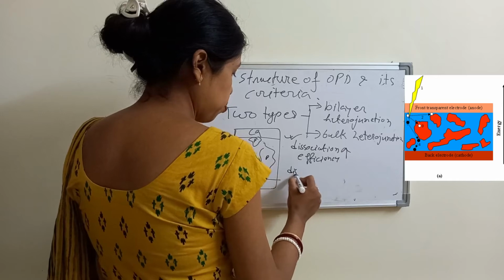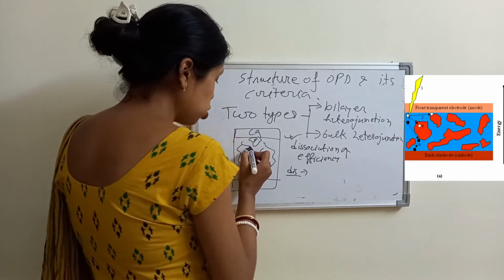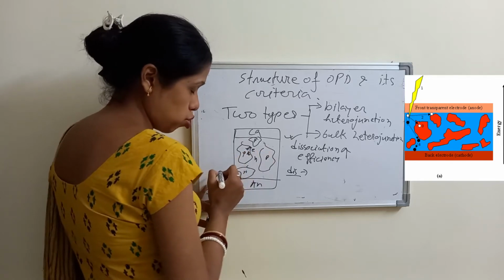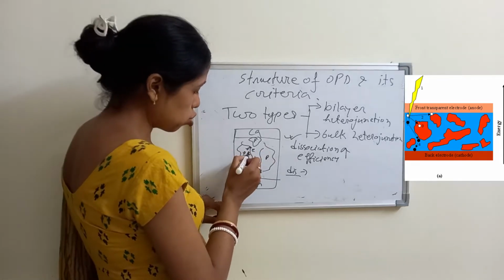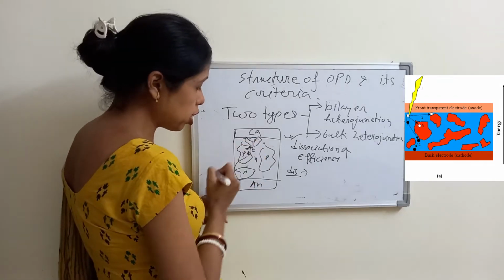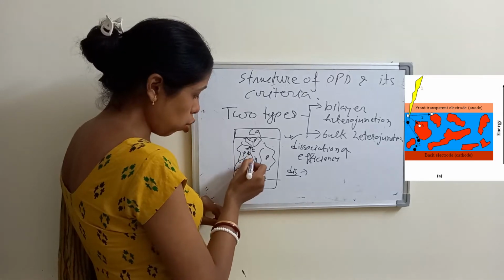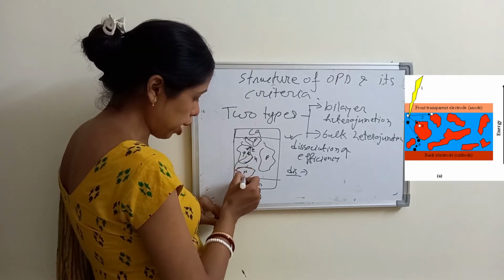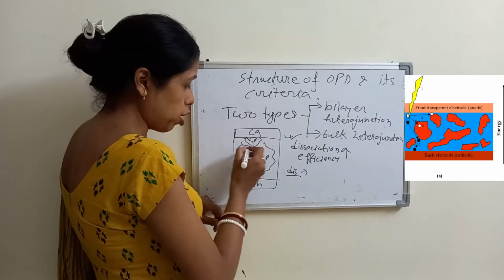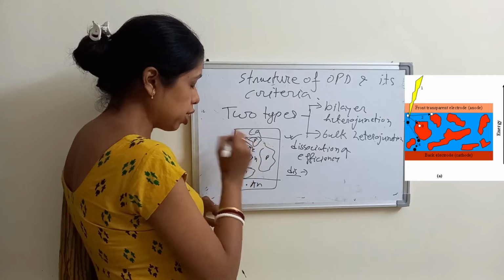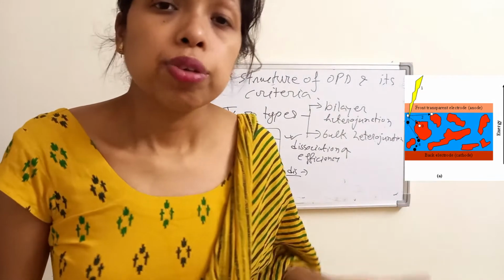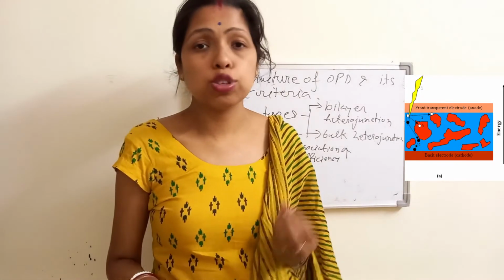The disadvantage is that, suppose here I am getting holes and here I am getting electrons. Now this hole has to transfer towards the anode and the electron has to transfer towards the cathode. As there are lots of barriers, the hole cannot easily be collected by the anode, and the electron cannot easily be collected by the cathode, due to these multiple interfaces. So we will get less response.